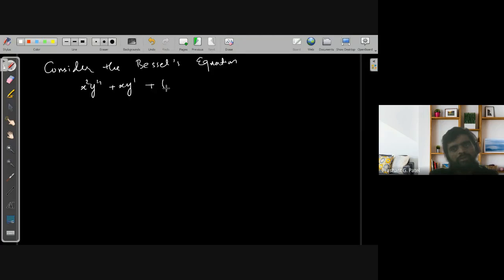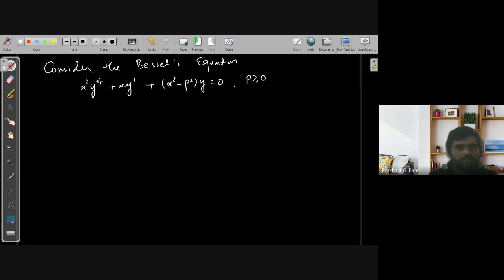So let us see what are the regular singular points for this Bessel's equation. So consider the Bessel's equation, that is x square y double dash plus x y dash plus x square minus p square y equal to 0, where p is greater than or equal to 0.